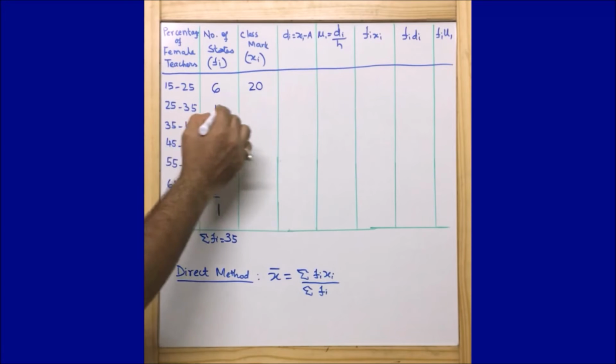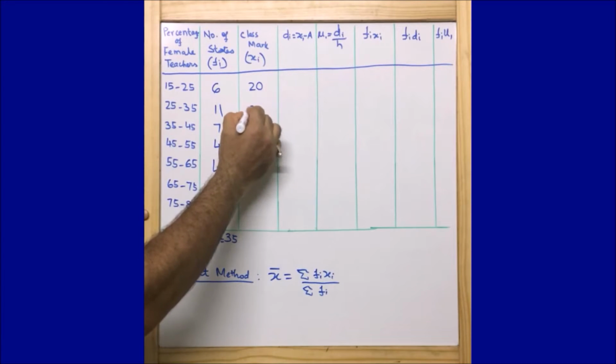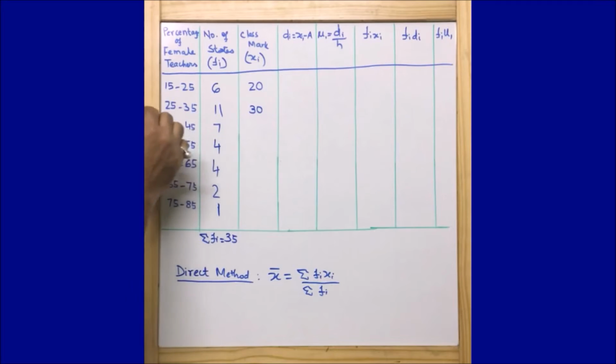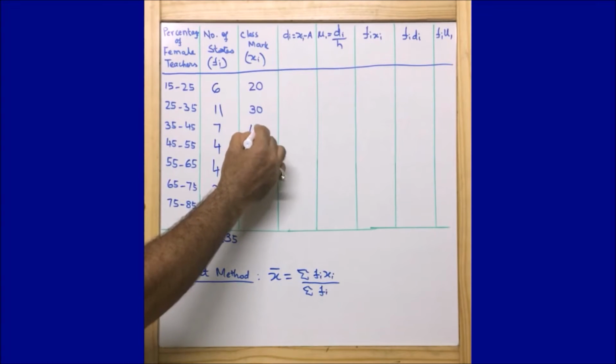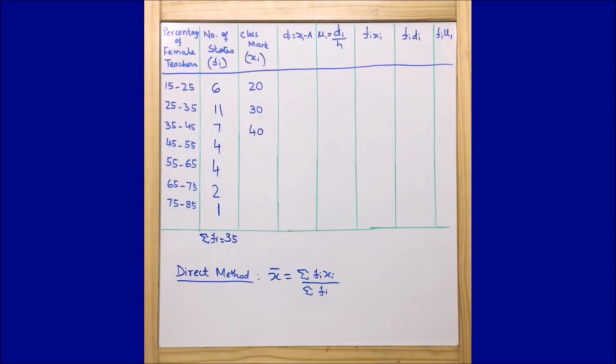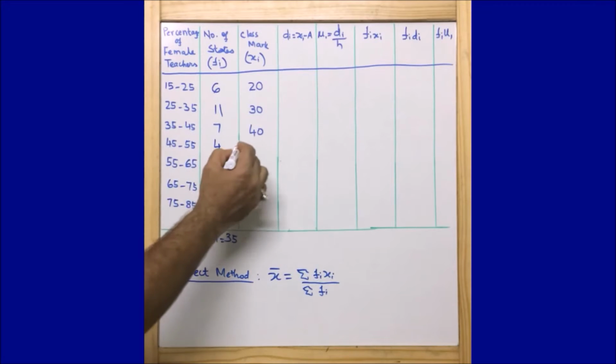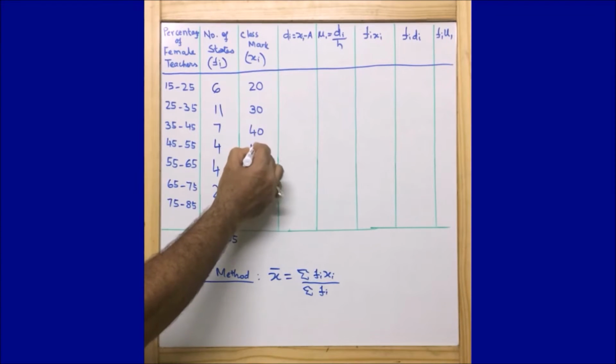Then the second one will be 30, because 25 plus 35 is 60, and 60 by 2 is 30. Then we have 40. The next class mark is 45 plus 55, which is 100, and 100 by 2 is 50.